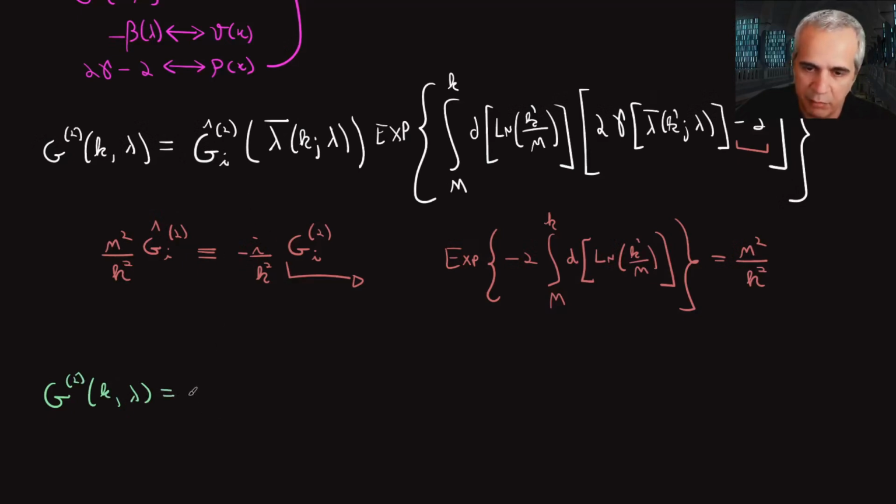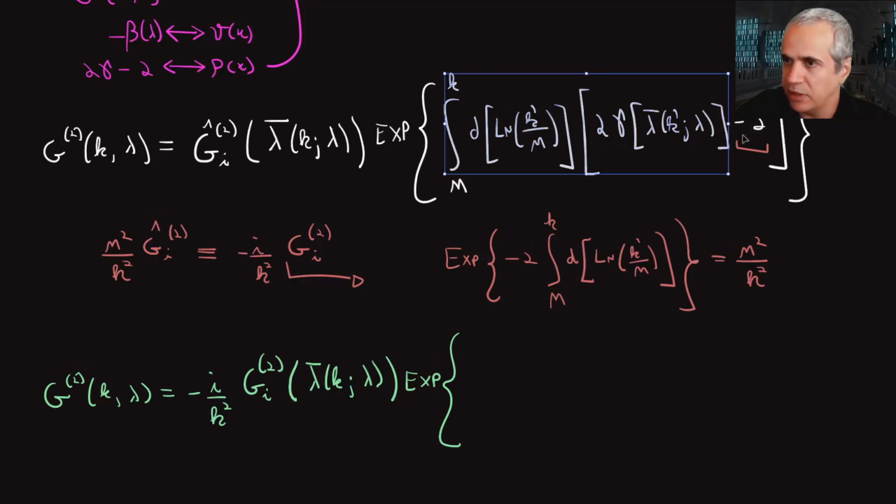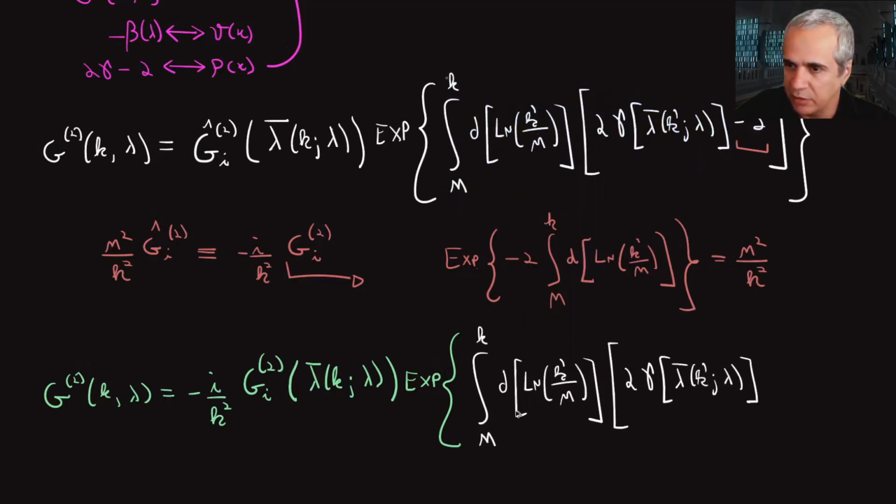Now I have minus I k squared g I 2 of lambda bar k semicolon lambda times the exponential of everything here, except this minus 2, which I integrated already, right?